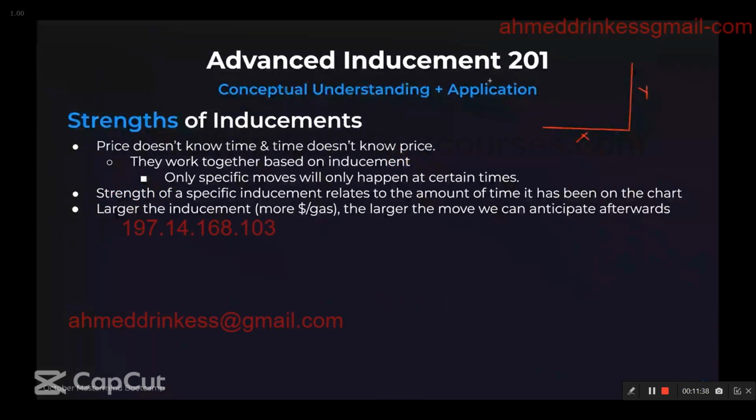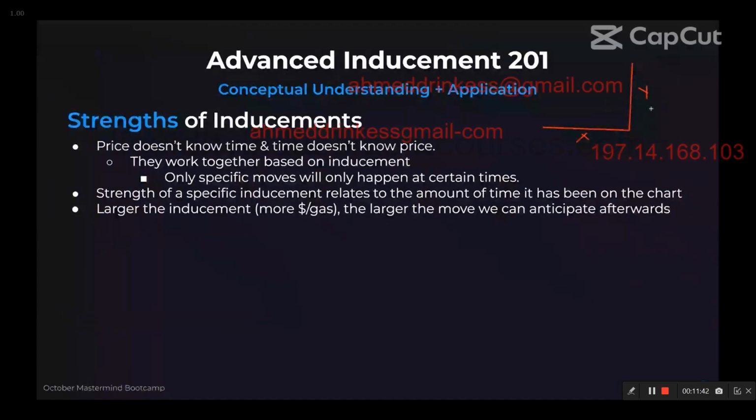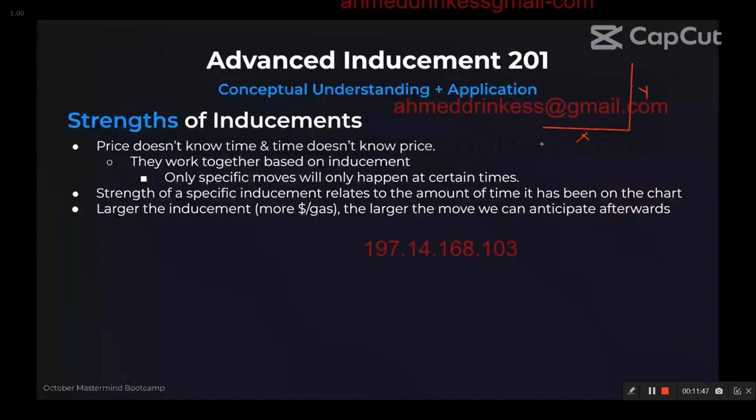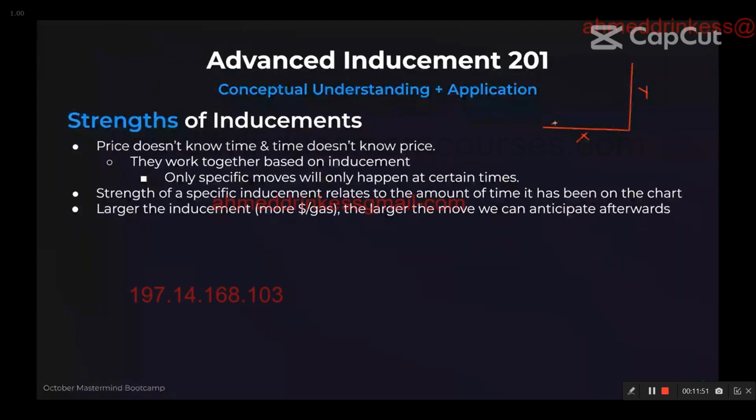When it is 2:53 a.m., price doesn't know that it's 2:53 a.m. But even though they don't know one another individually, time and price work together collaboratively. So when it is specific times at specific places, specific things will happen.